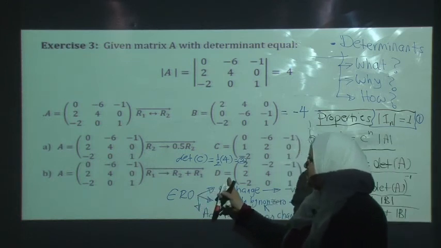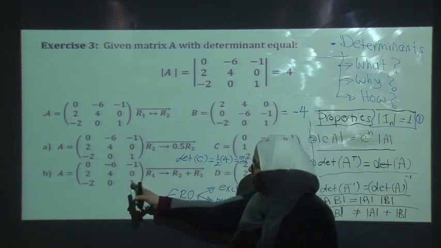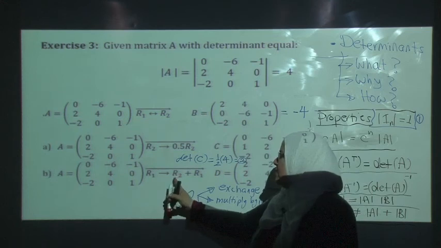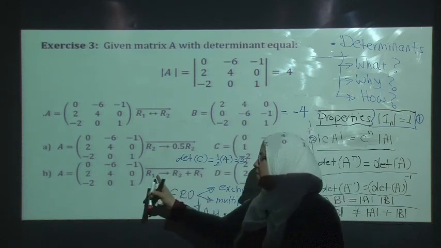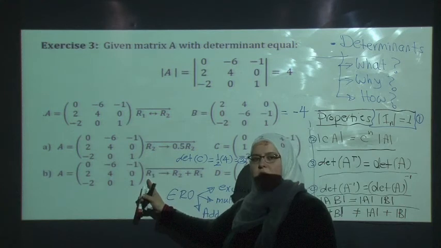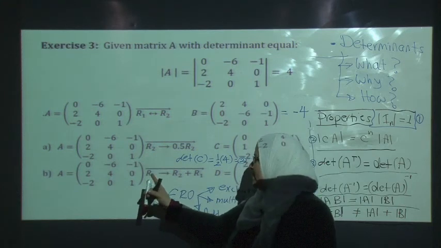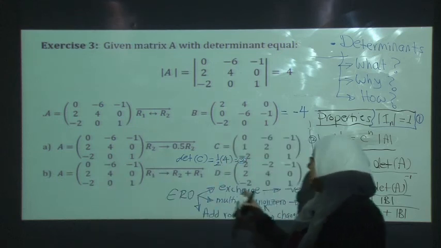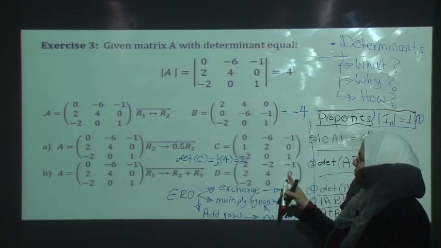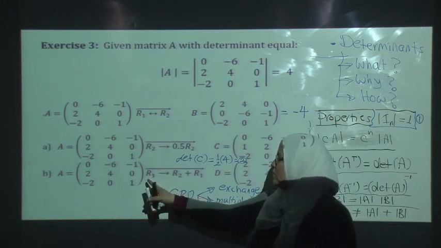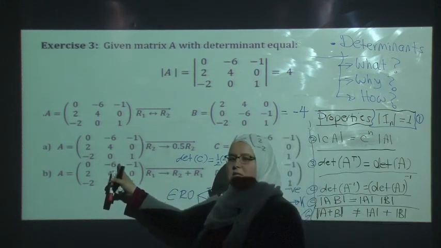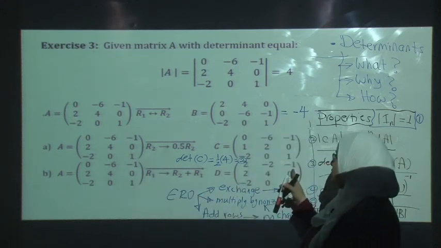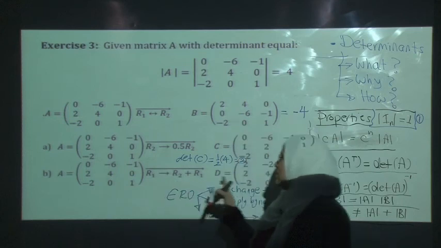So matrix D was deduced from the A matrix, which is given here as well, by adding row 2 to row 1 and putting the result in row 1. Row 2 plus row 1: 2 minus 2 is 0, 0 plus 4 is 4. Then 1 plus 2, 4 minus 6 is negative 2, and 0 plus negative 1 is negative 1, and 2 plus 0 is 2.